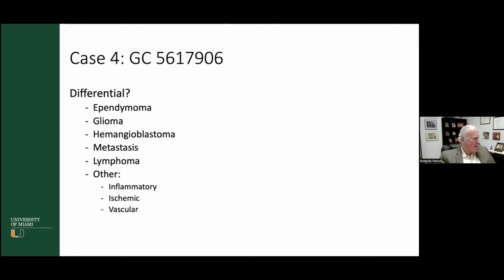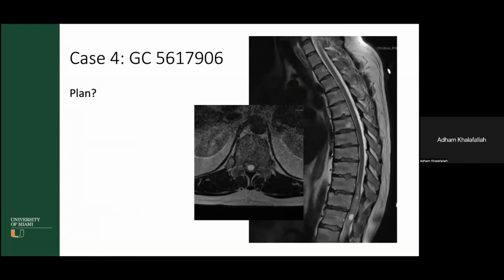Okay. Good. So I think you hit on all the big ones. So ependymoma, astrocytoma, and hemangioblastoma at the top. So what would your plan be? Here's your imaging again. I think your plan is trying to get a resection. You would do a posterior laminectomy and a resection of the tumor, hopefully a gross total.